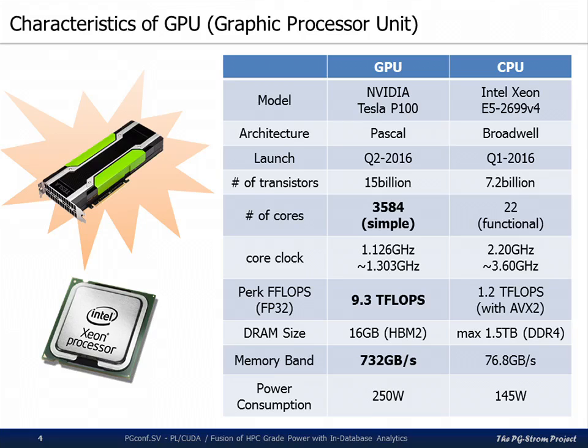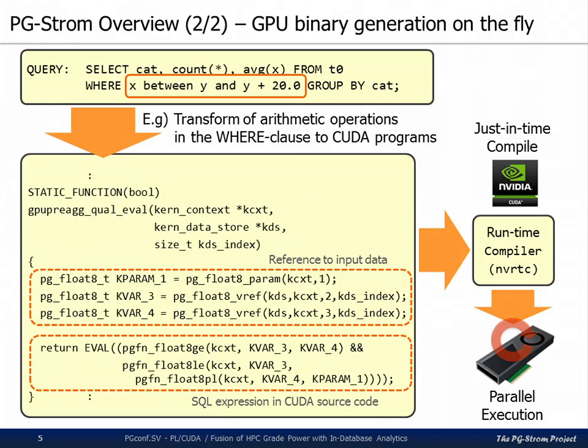One other characteristic is memory bandwidth. GPUs mount much higher performance memory than usual CPUs. So when we write GPU code, it is recommended to utilize many cores and high memory bandwidth.